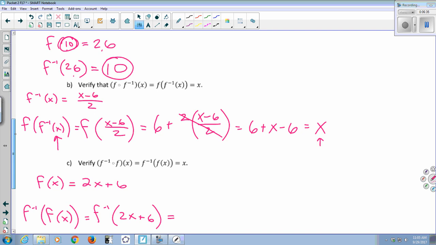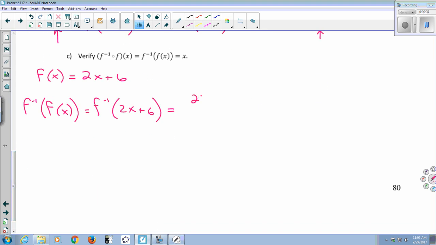So that's going to be 2x plus 6 minus 6 over 2. The plus 6 and the minus 6 cancel, so you have 2x over 2. The 2's cancel, and you get x. So I do have a round trip, right? I originally plugged in an x. I applied both functions, first f, then f inverse, and I got x back. So we verified that those two functions are in fact inverses of each other.